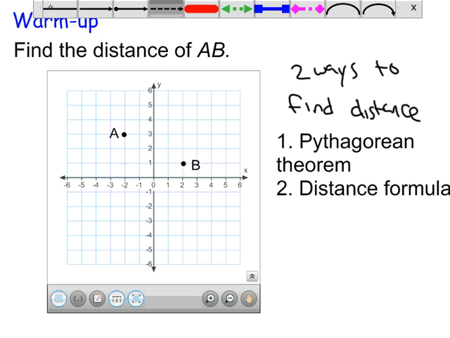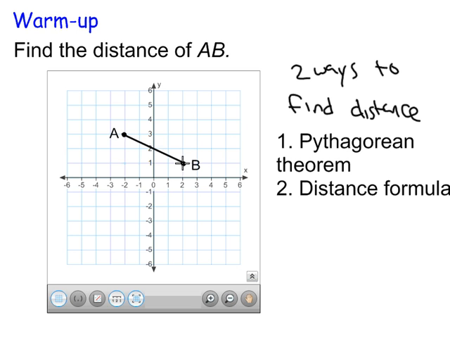First, you're going to connect A and B. Now, think of AB as the hypotenuse of a right triangle. So I'm going to form a line here, and I'm going to form a line here. Now you could see what I meant when I said think of AB as the hypotenuse.